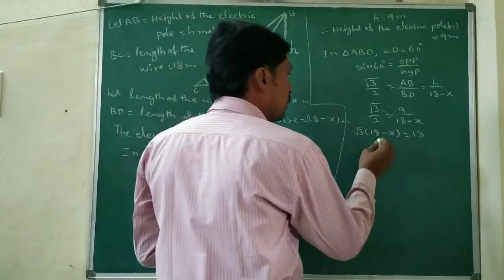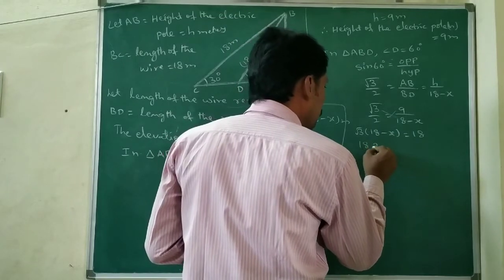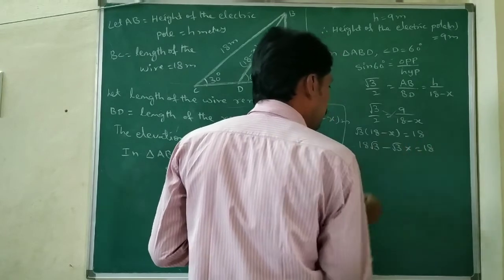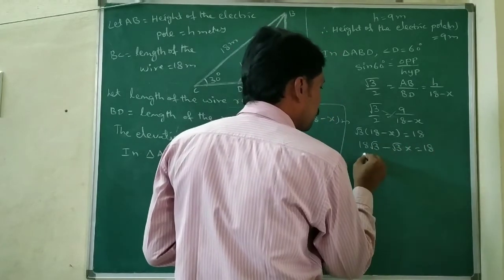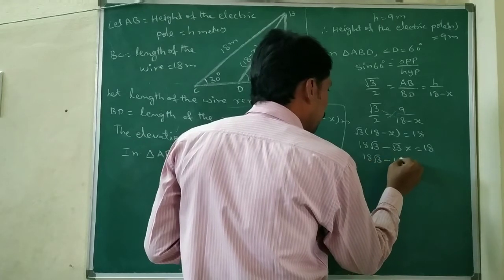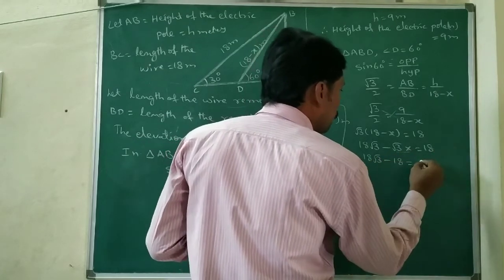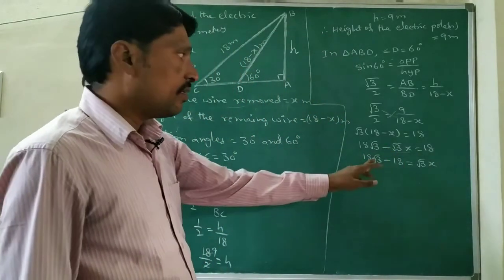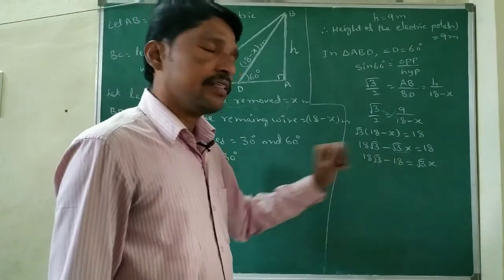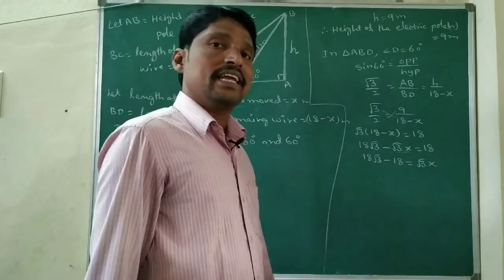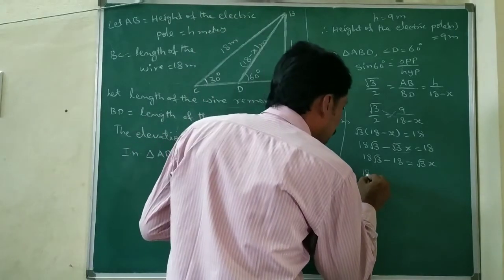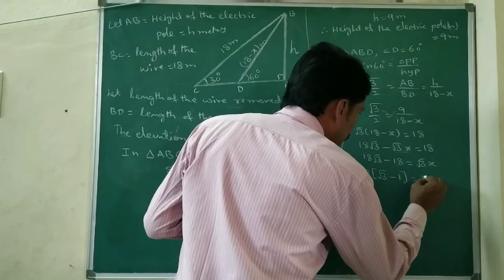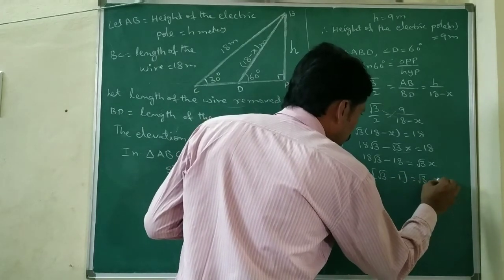Now multiply root 3 into 18: 18 root 3 minus root 3 x equals 18. Transpose this 18 to the left and root 3 x to the right: 18 root 3 minus 18 equals root 3 x. Now take 18 as common: 18 times root 3 minus 1 equals root 3 x.